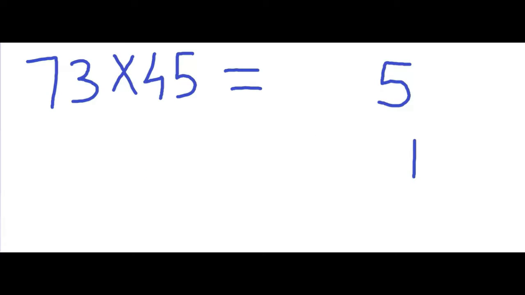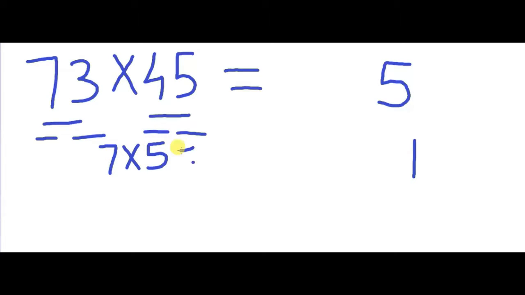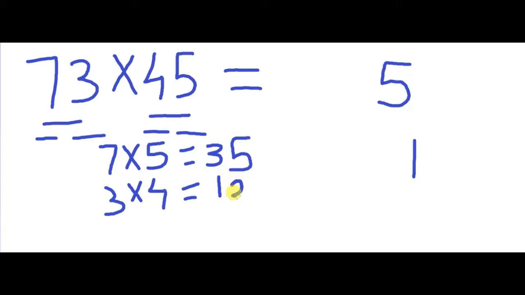So in the next step, consider both digits and take the cross multiplication of these digits. So that is multiply the 7 to the 5, multiply the 3 to the 4. So 7 into 5 is 35 and 3 into 4 is 12.